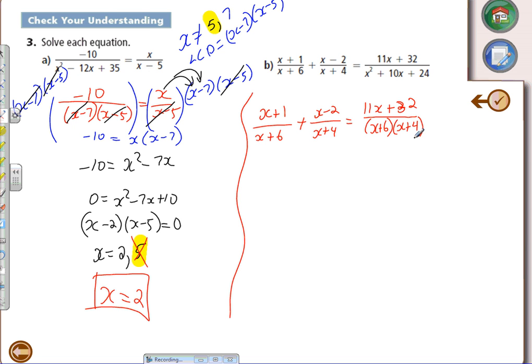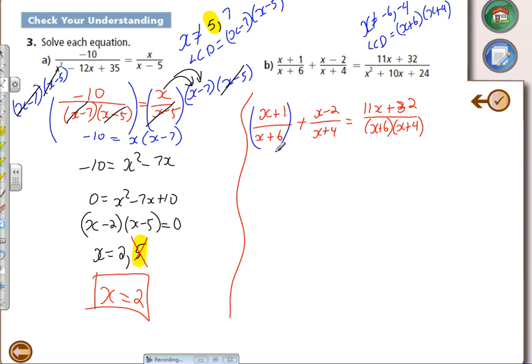You probably could have guessed that, because they like to make them all the same. So now, NPVs: x cannot equal negative 6 and negative 4. LCD is equal to (x plus 6)(x plus 4).